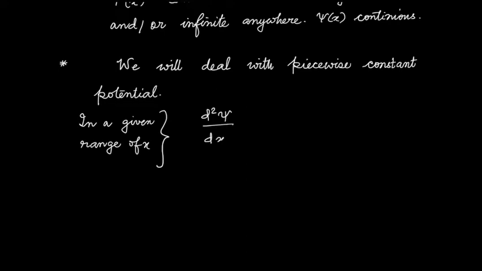So this is d2psi/dx2 plus 2m by h cross squared (E minus V0), so V(x) is V0 in this range, times psi equals 0.